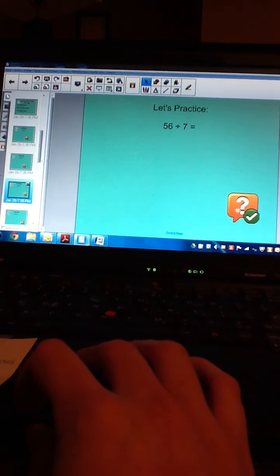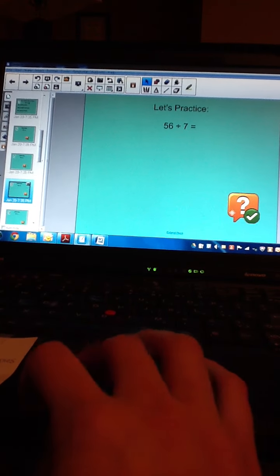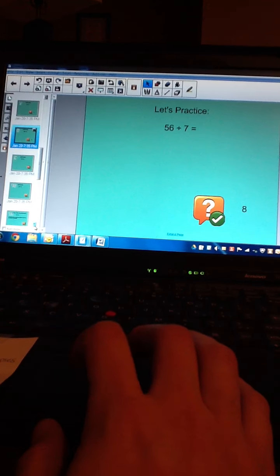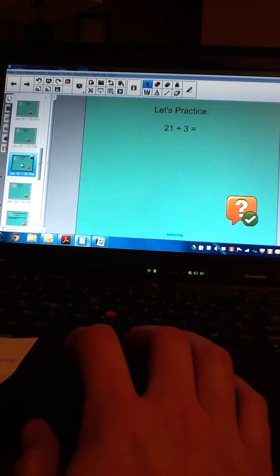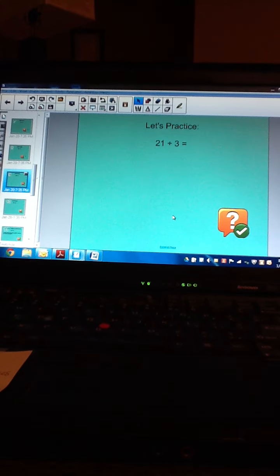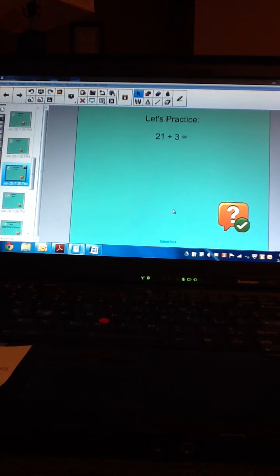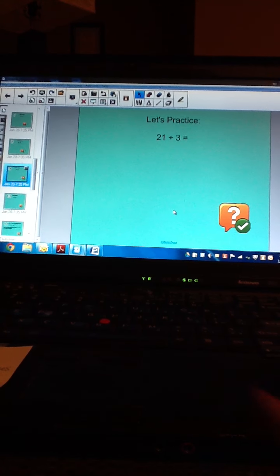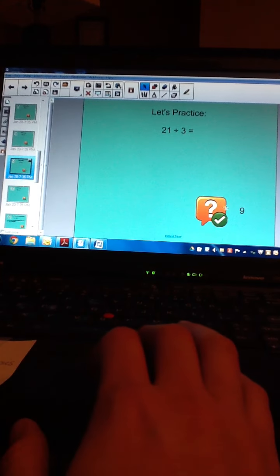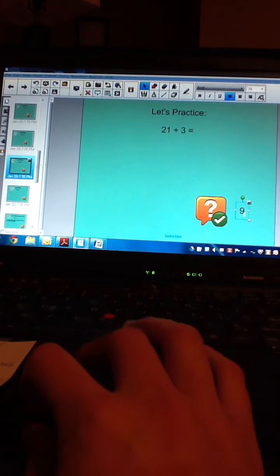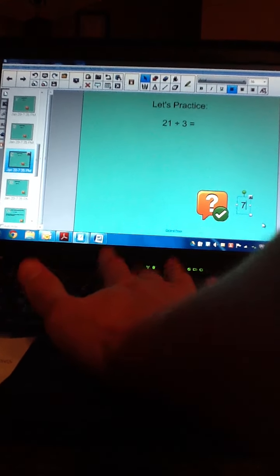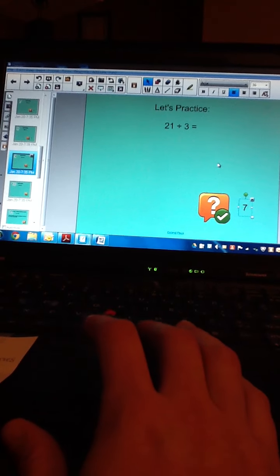Hopefully you said 56 divided by 7 equals 8. Try this one. 21 divided by 3. Hopefully you said that equaled... Ooh, that one's incorrect. 21 divided by 3 is 7.